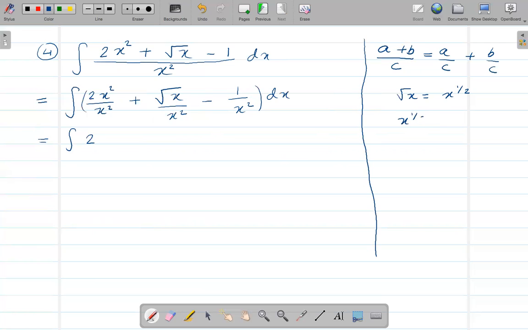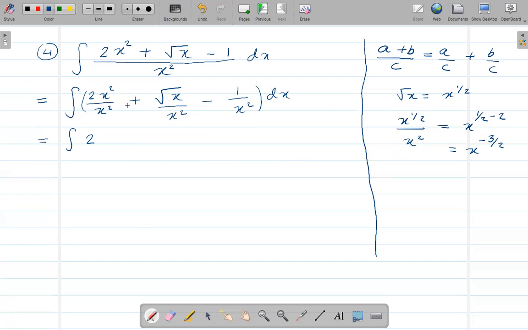So 1/2 over x squared is also the same as, if you move this to the top, x to the power 1/2. And if you move this to the top, it will be minus 2, right? From here, 1/2 minus 2, you get 1 minus 4 over 2, which is x to the power negative 3/2.